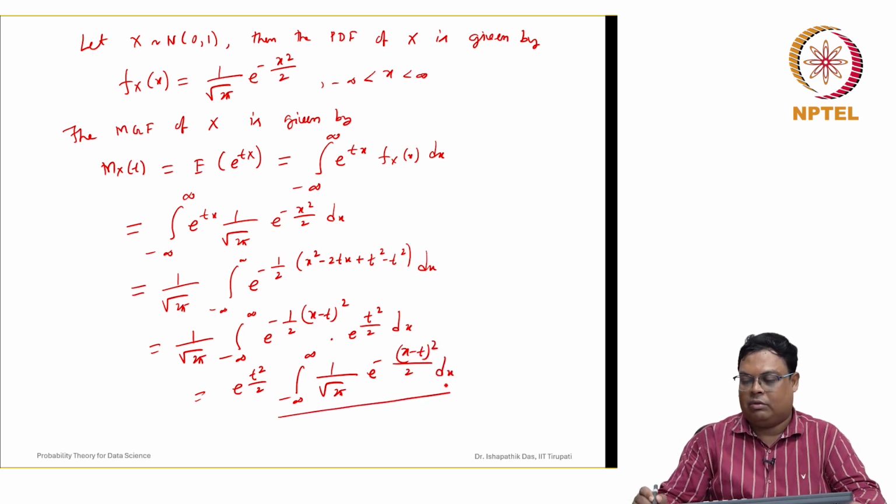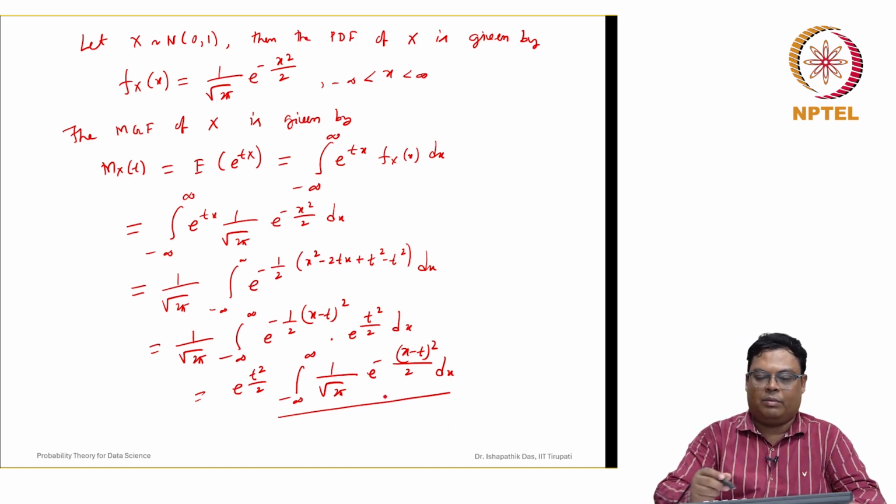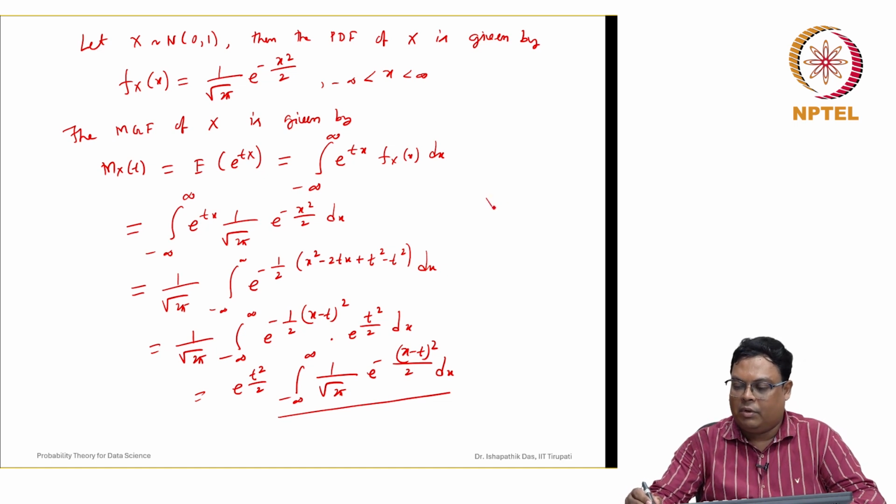Now what will be the value of this integration? Note that if instead of normal 0, 1, suppose you have normal with mean t, where t is any real number, and variance 1, then what will be the density function? The density function f(x) will be 1 by root 2 pi, e to the power of minus (x minus t), this t is the mean mu, whole square by 2.